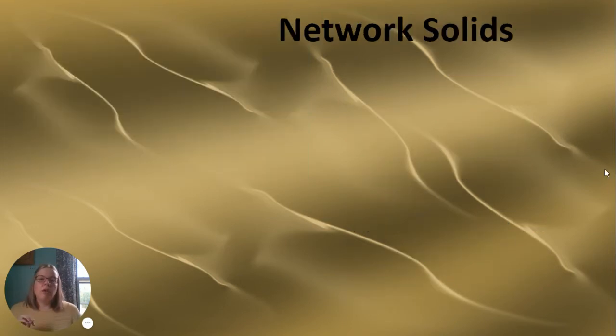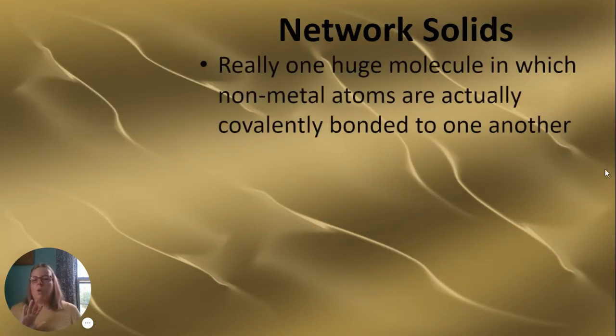Okay, network solids are a whole different kind of thing. So what happens in a network solid is that you tend to have nonpolar stuff that's in there, but what ends up happening is that instead of the substance being individual molecules that are attracted to each other through an intermolecular attraction, like an ionic attraction or an IMF, like London dispersion forces, these substances are actually bonded together.